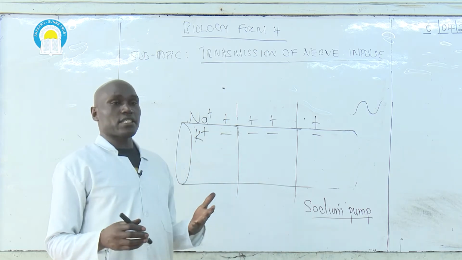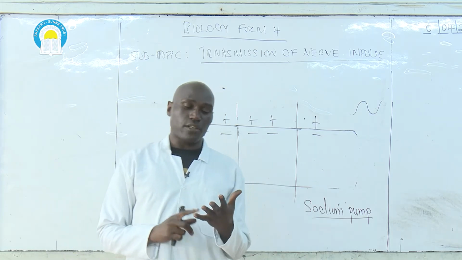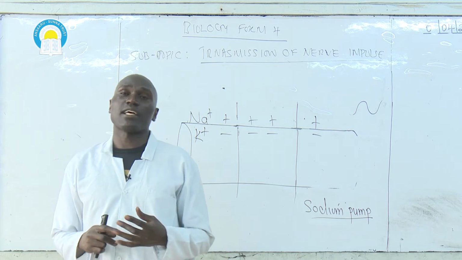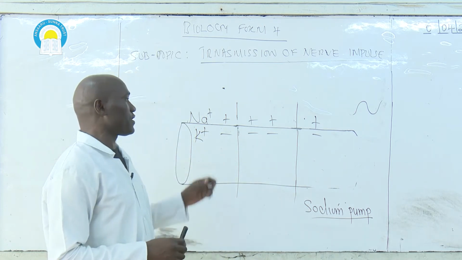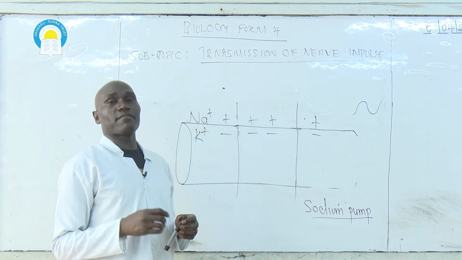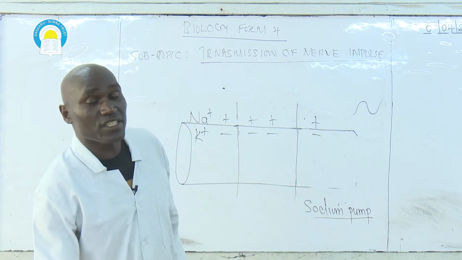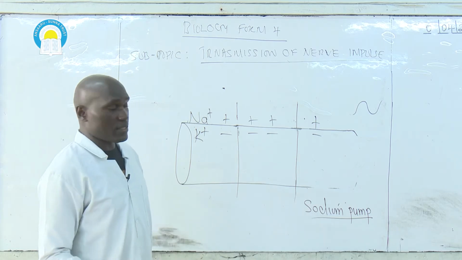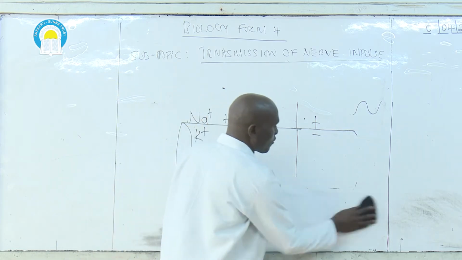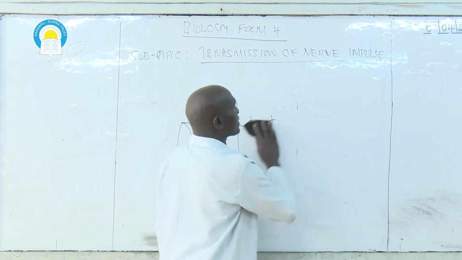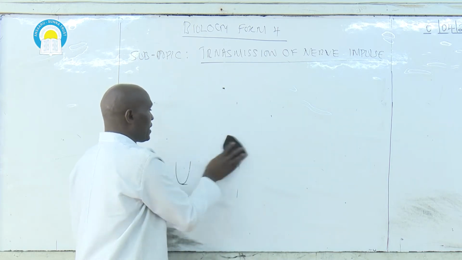Fine, so we've looked at resting potential, action potential, and repolarization of the section of the neuron once nerve impulse has passed. Repolarization is important because it prepares the neuron for conduction of the next wave of impulse.